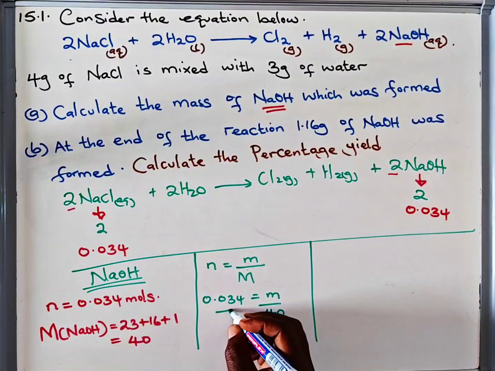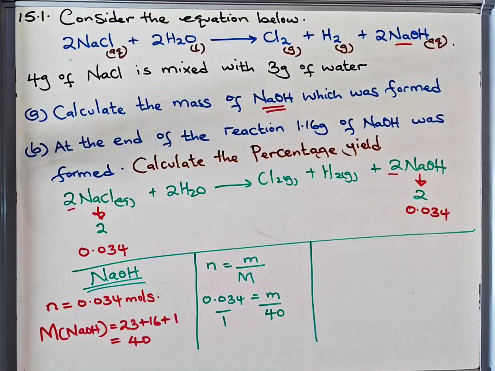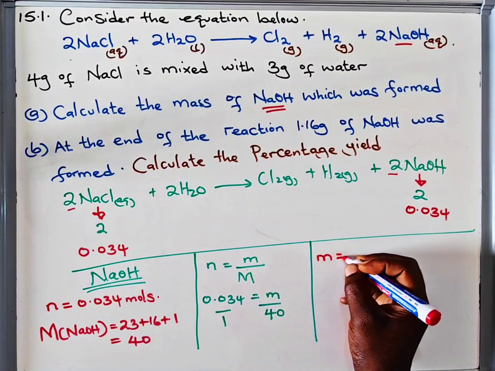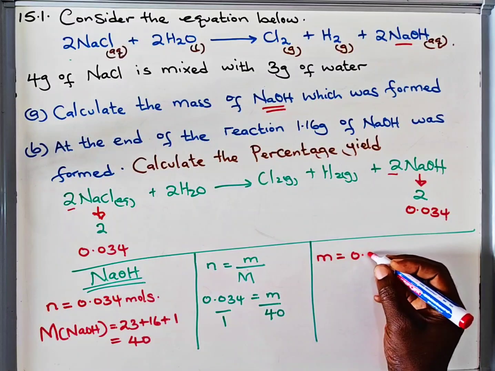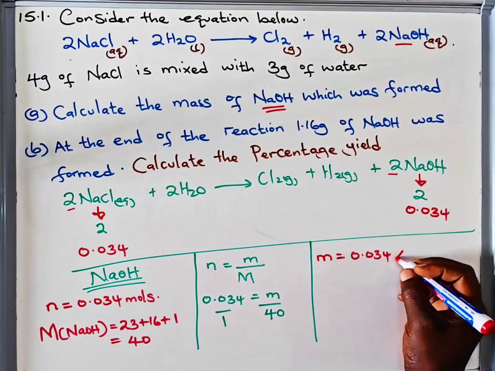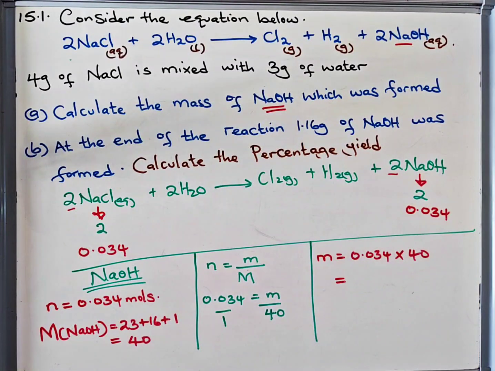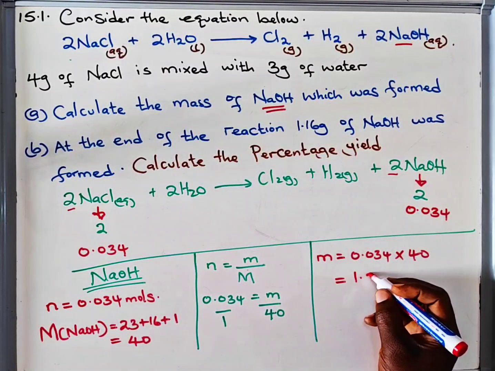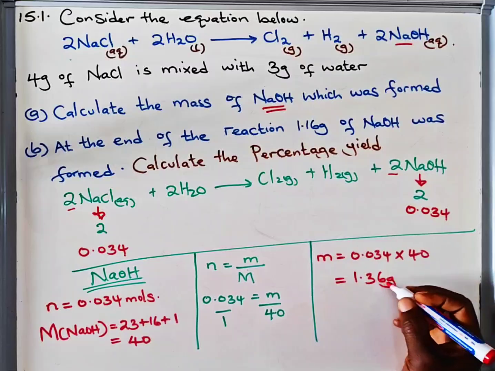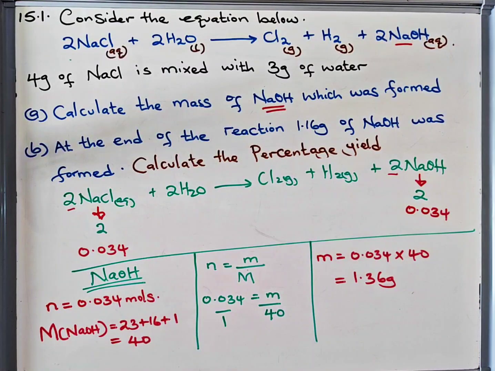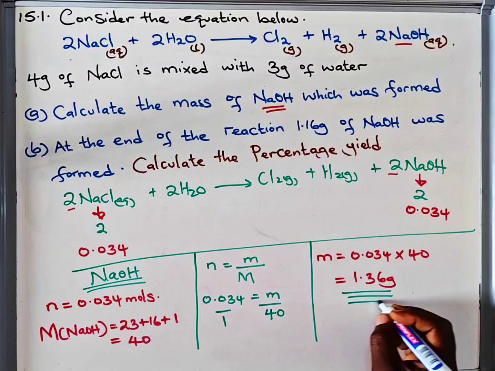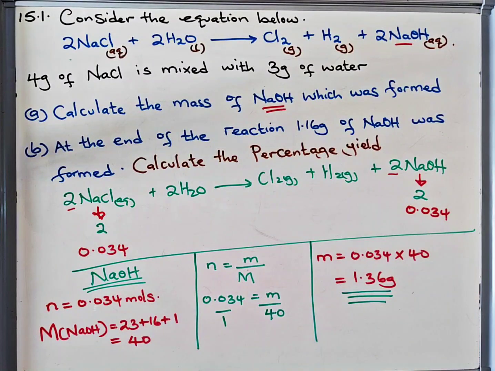From here, what do we do? We cross multiply, and we get our m, which is the mass, as 0.034 times 40, giving us 1.36 grams. What you have here is the mass of sodium hydroxide which was formed.